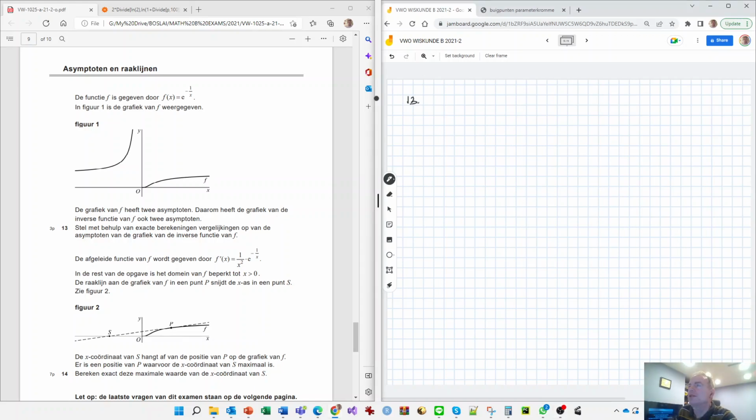There's this function given, shown here, and you have to show with an exact calculation the equation of the asymptotes. So the limit of f of x as x goes to plus or minus infinity, as you can see from the graph, is actually e to the power 0, which is 1.